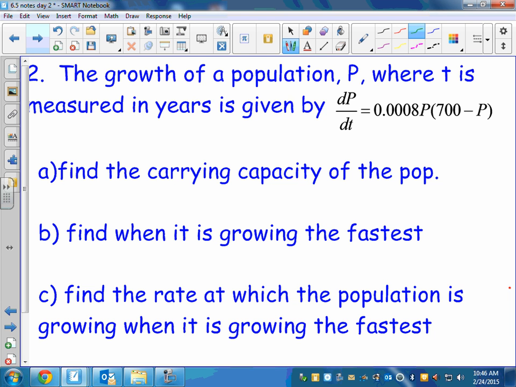In the formula on the previous page, what did I say the carrying capacity was? M, which in this case is 700. Find when it is growing the fastest. Oh, what did I write on this other page?